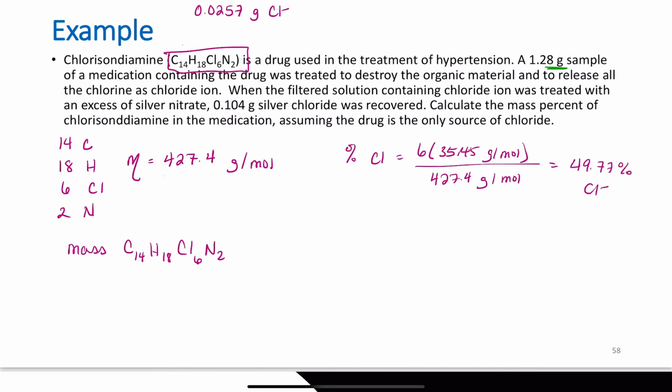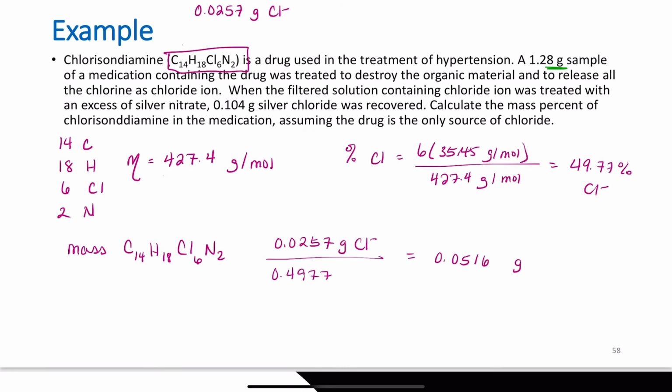So for the mass of the sample, I know I have 0.0257 grams of the chloride ion, so I'm going to divide this by the percentage of just the chlorine in the sample, because this will give me the overall mass of the total compound: 0.05164. Sorry, I was checking to make sure I'd written down my numbers correctly.